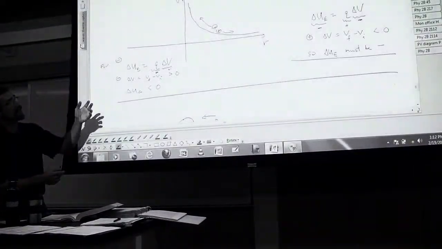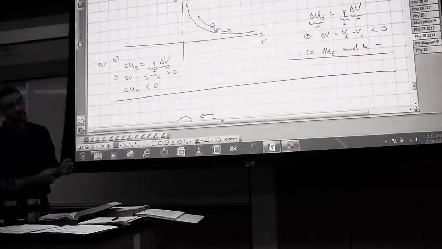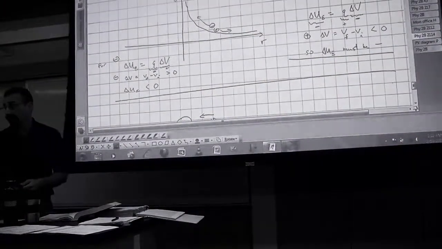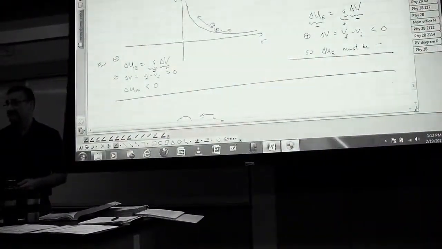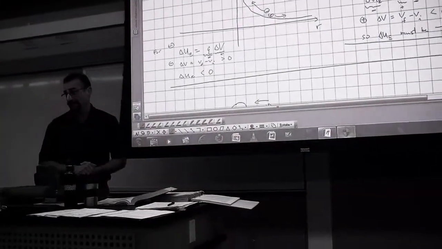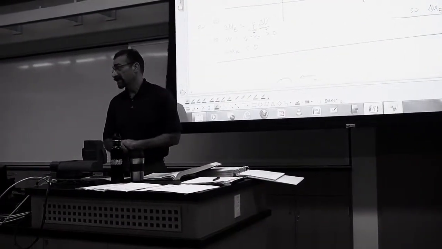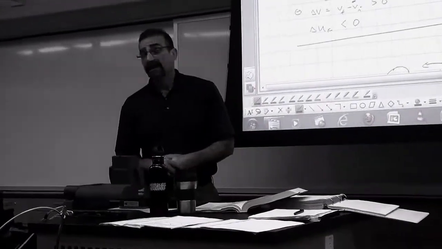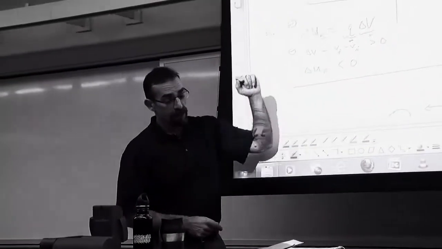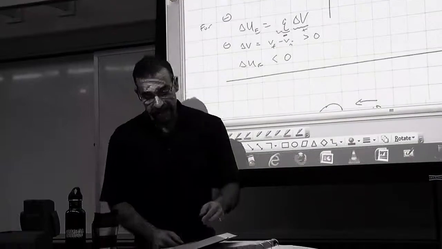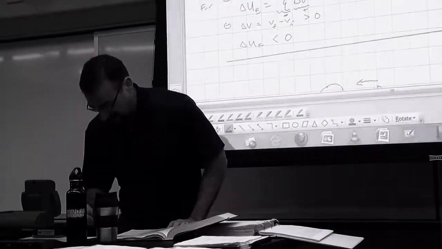A few ways of thinking about this. The electric field points in the direction of decreasing potential. The electric field points in the direction of decreasing potential. So the electric field from a positive charge points in this direction.